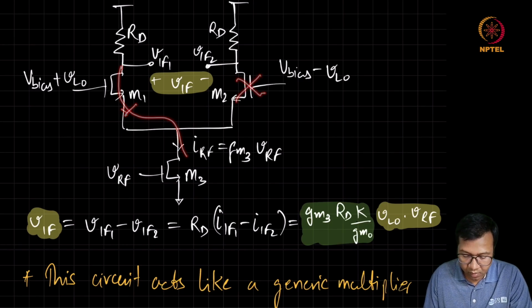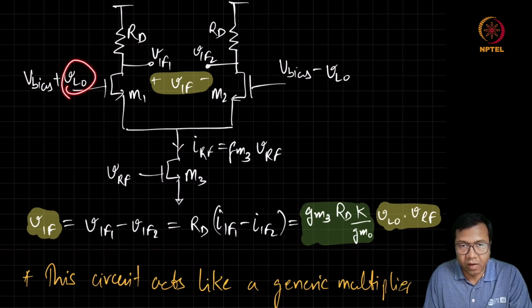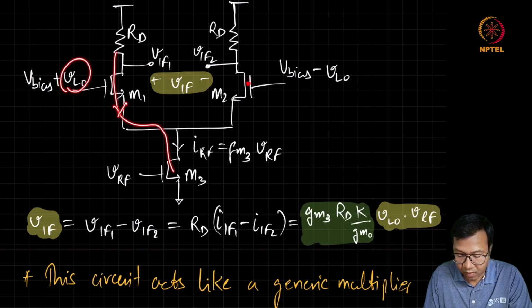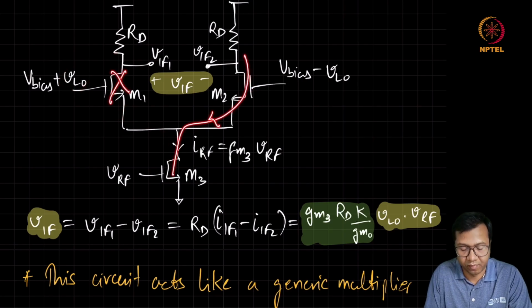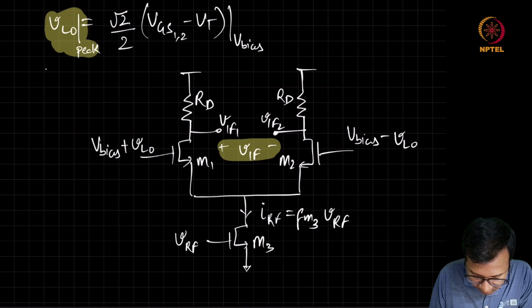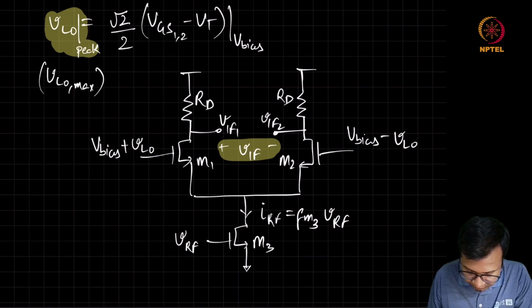Okay. So beyond that, if we apply VLO, there won't be any use. So the maximum VLO which we can apply will correspond to this situation when entire current goes to either M1 or M2 while the other branch is cut off. So let us call this VLO max.